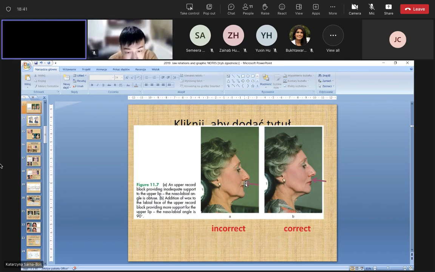When we add a little bit of wax to the labial part of the wax rim, this provides more support for the upper lip, and the nasolabial angle is 90 degrees, a right angle. You see that in this case the patient looks better, because here we have the proper support for the lips.